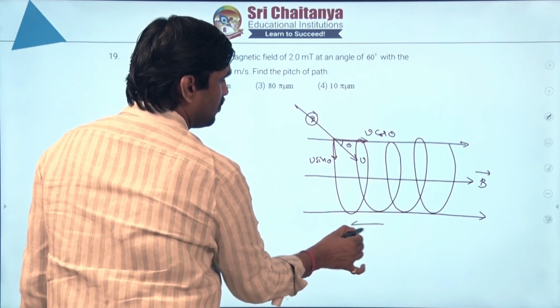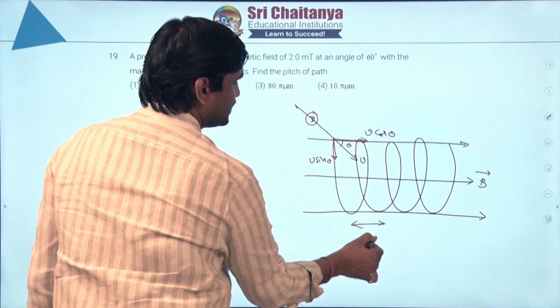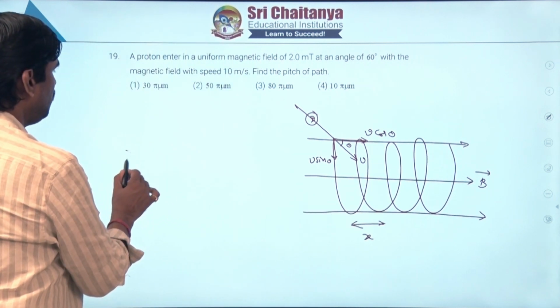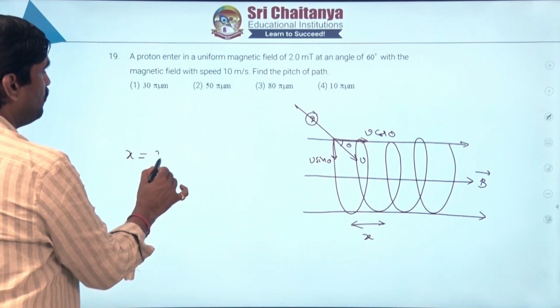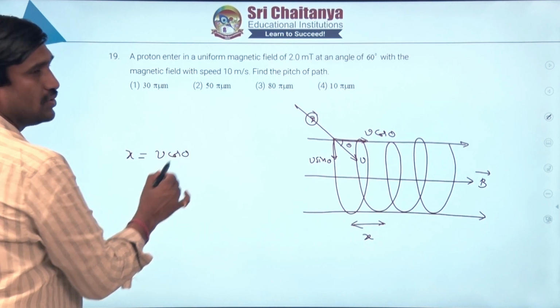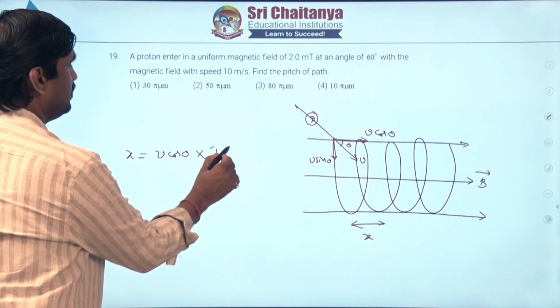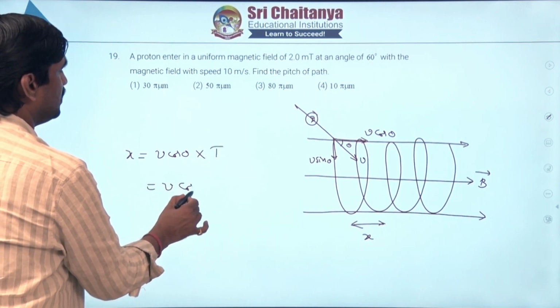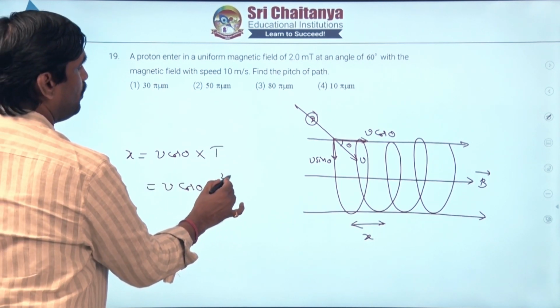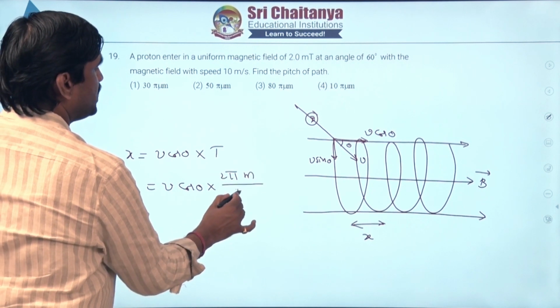Now, the pitch is equal to, this is the pitch x, x is equal to velocity v cos theta, which drags the particle along the field, into time period, 2 pi m by bq.